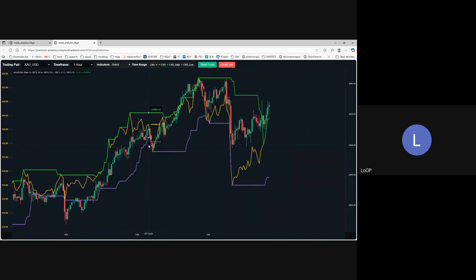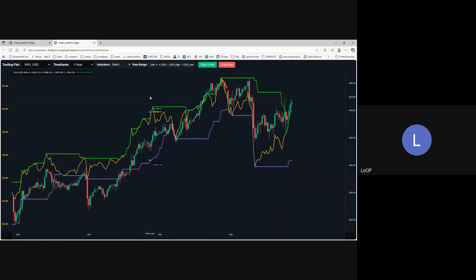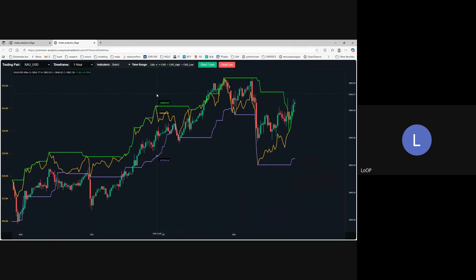The green line and the purple or blue line are just the 24 or 48-hour high and low of the yellow line. Basically, it's a donchian channel. If any of you are familiar with the turtle trading strategy, it uses a donchian channel, which is the high and low of price over X number of bars. But in our case, we use the yellow line, which is institutional money flow, as the input to create this channel.